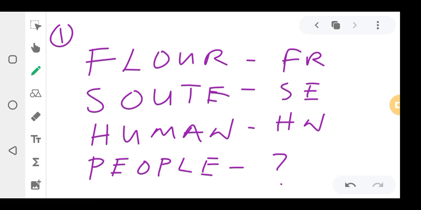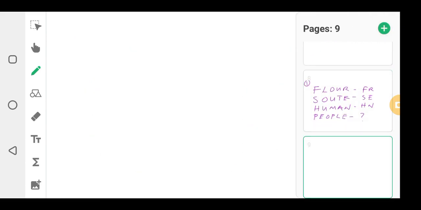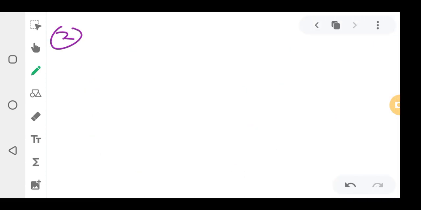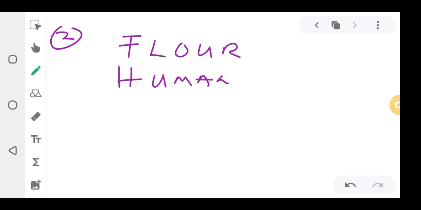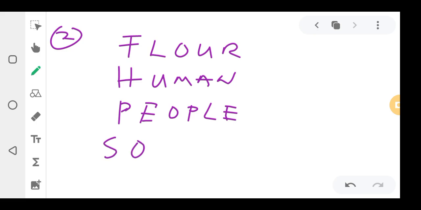Okay, next pattern. We've got flower again, we've got human, we've got people. Here it is UALE.